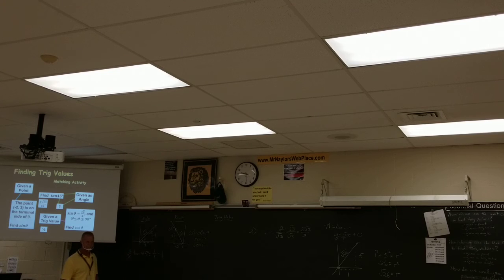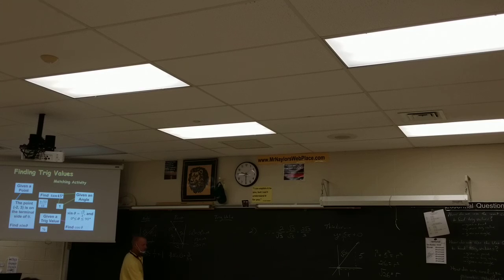Okay, now it's a matching activity. You can kind of see what's up here, but make sure you know how to find the sine. It's just y over r. So, you know, 3 is y, r is root 13.